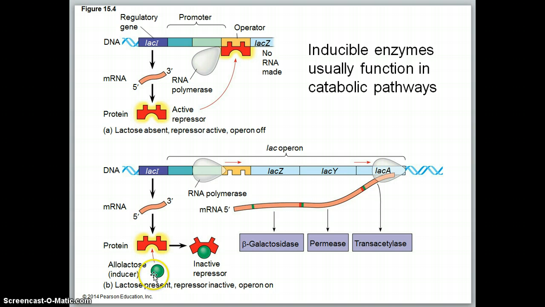The inducer will bind to the active repressor and inactivate it, removing it from the operator and allowing RNA polymerase to make lactase, which will allow this individual, in this case bacteria, to break down the lactose sugar and use it for energy. So the presence of lactose is going to turn on this gene by inactivating the repressor.